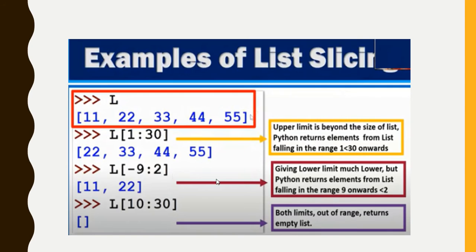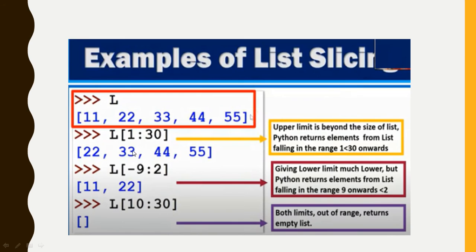Further example of list 1 to 30. 30 is out of range. Since it is slicing, it will not give an error. So it will give 22 to 55. Then -9 slash 2. From -9, so -1 to -2, -3, -4, -5.